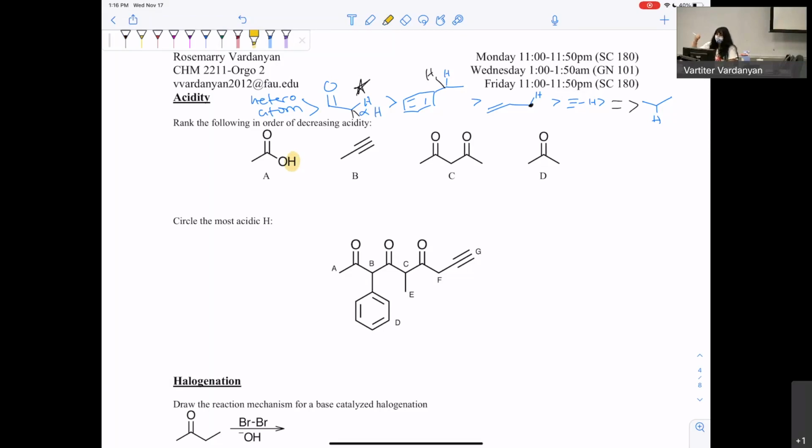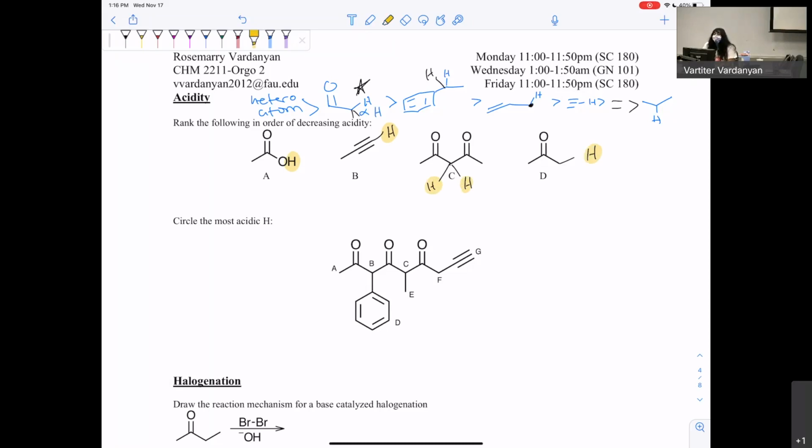So for this one, it would be that H. For this one, it would be the H coming off the triple bond. For this one, it would be the H coming off of the middle carbon. And for this one, it would be one of the H's on the end. And technically, there's 6 hydrogens that are exactly the same, but I'm only going to draw one of them.